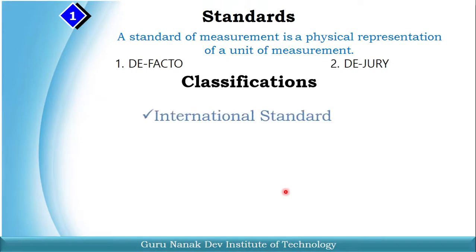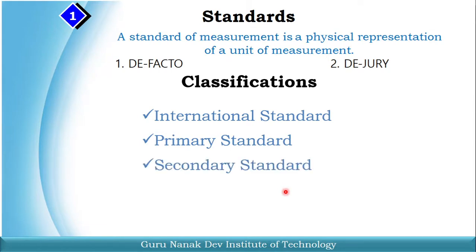Then the second one is the primary standard. Primary standards are maintained by the National Standard Laboratory, like one is available in Delhi. Primary standards are very accurate, and they are used to calibrate the secondary standards. And these secondary standards are used as a reference in industries and in laboratories.